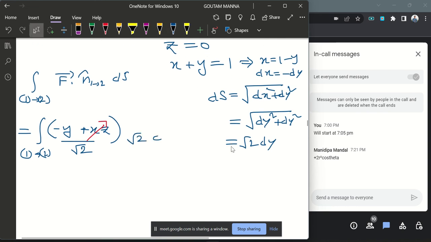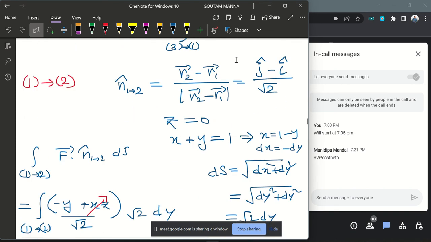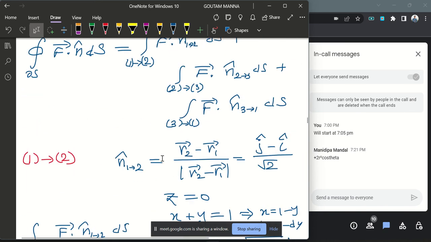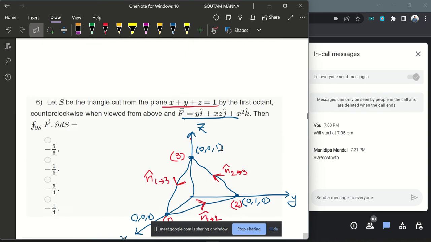So we basically have minus y dy along this path, point 1 to point 2. Now from point 1 to point 2, y is going from 0 to 1. Here y is 0 and here y is 1. So we write the y limit from 0 to 1, and the integration will be minus y square by 2 from 0 to 1, that is minus half. This is the line integral along point 1 to point 2.